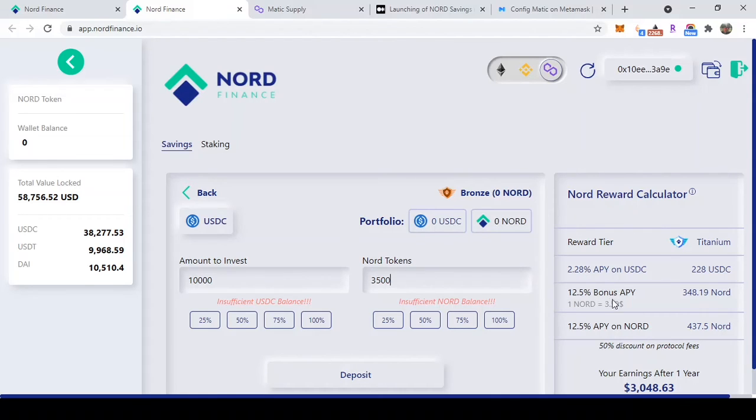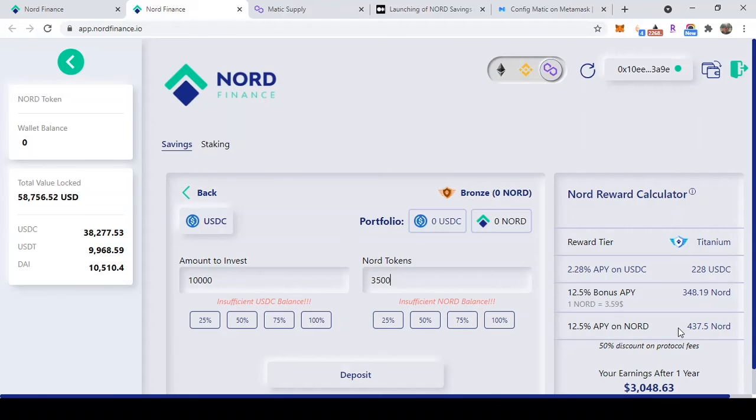The 12.5% APY bonus on your USDC at the Titanium level is on top of the base APY and would be paid in the form of Nord tokens, which at current prices works out to about 348 Nord tokens after 1 year based on a 10,000 USDC deposit. You would also earn a 12.5% APY bonus on deposited Nord.